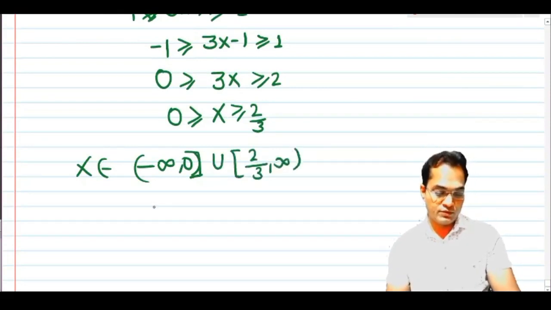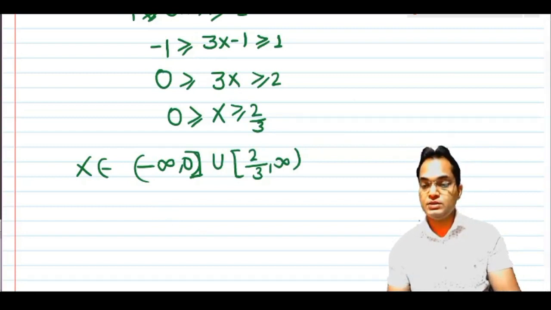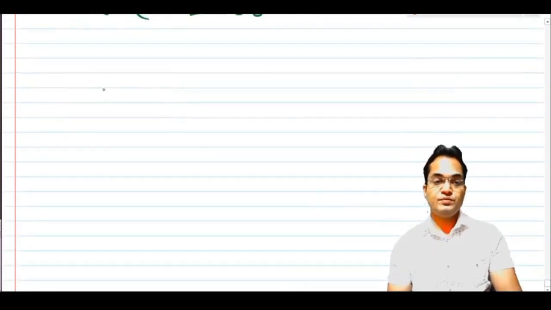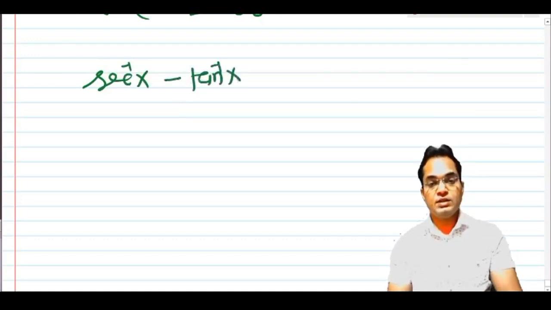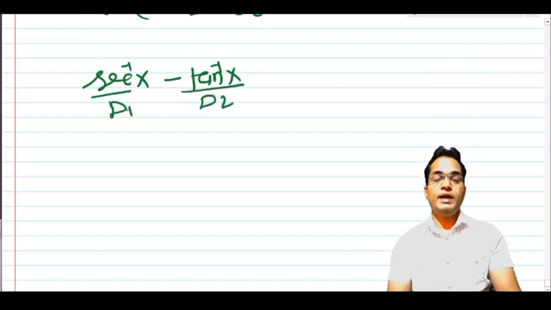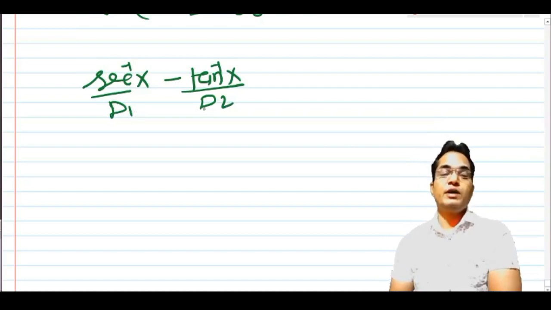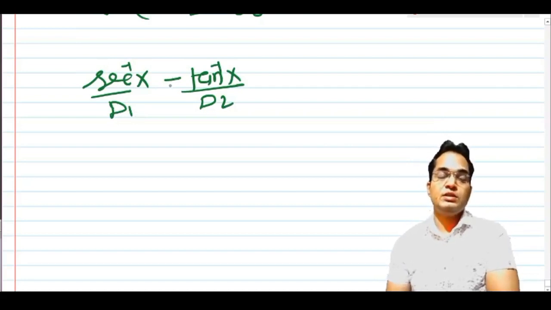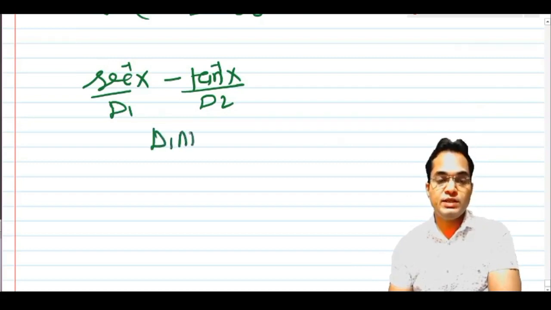And the last question is, find the domain of sec inverse x minus tan inverse x. Then what about the domain of this? It is D1 and D2. As we know, for a combination of graphs, either minus, plus, divide or multiply, the final domain is D1 intersection D2.